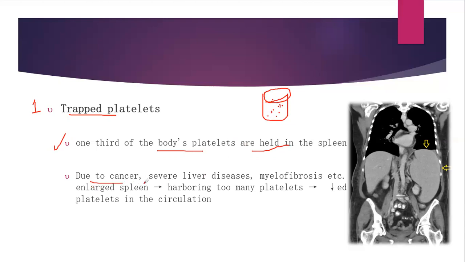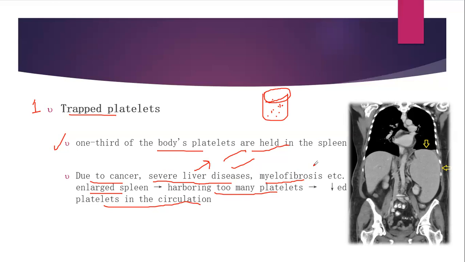But due to some cancers or some liver diseases, as the liver produces a large number of clotting factors that play a role in the normal coagulation process, either due to cancer or some liver diseases, or due to myelofibrosis, which is also a condition, the spleen enlarges and traps a large number of platelets. So it decreases the platelet count in the blood circulation.